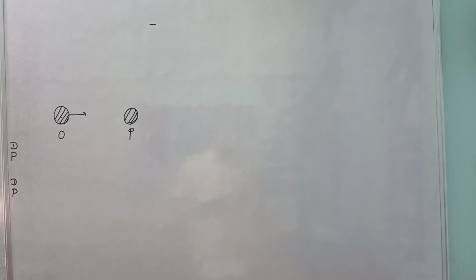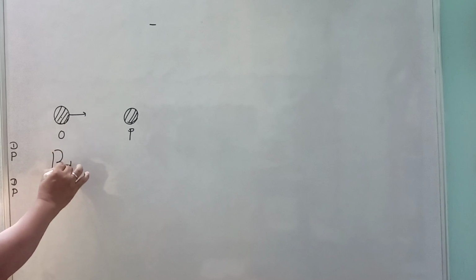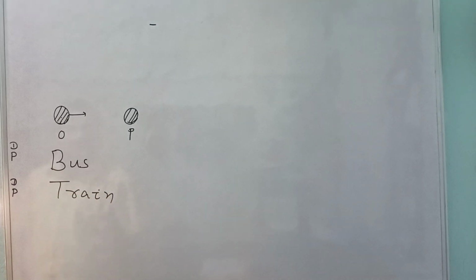When we consider the object, it is also a point object. What is the meaning of point object? A bus is taken as a point object. Train is taken as a point object. How?